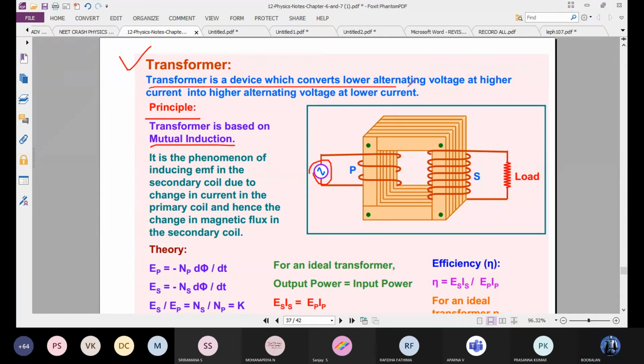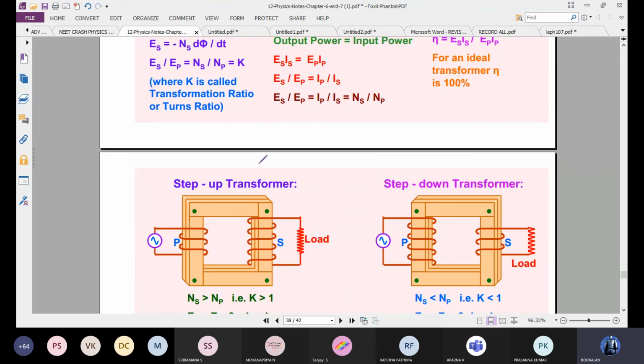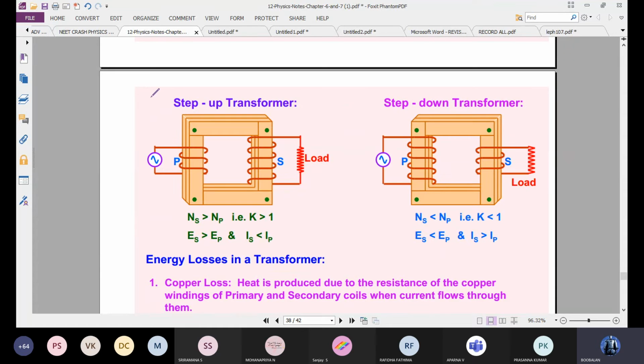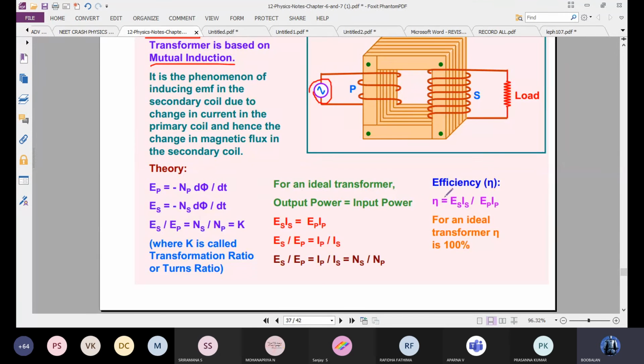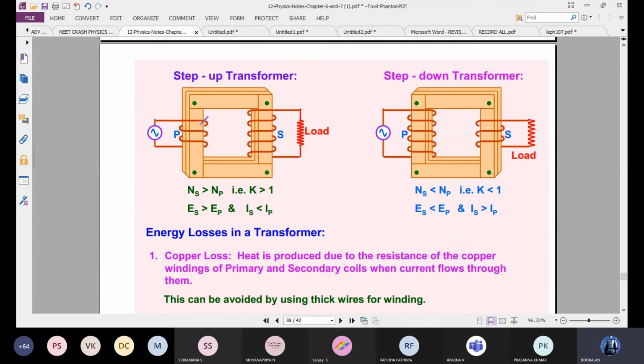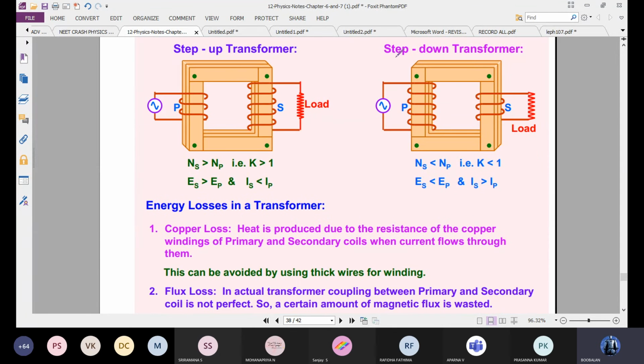Transformer. So the transformer is of two types: one is a step up transformer, another one is a step down transformer. In this formula, no need, wait, I will explain, don't worry. So what is a step up transformer? The primary has very few coils, see, 1, 2, 3 only. But the secondary has the maximum.